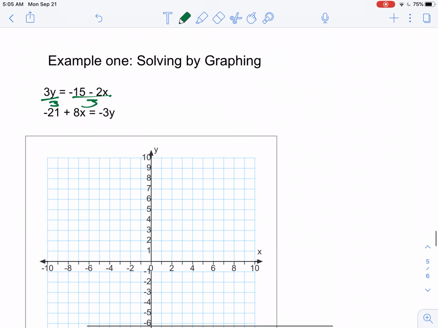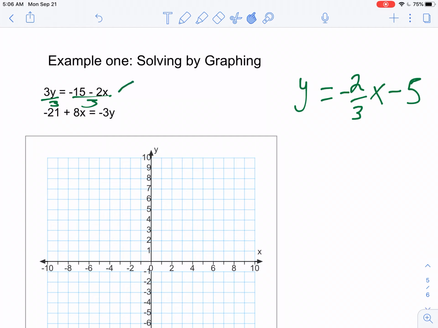And when we do that, we are going to get y equals negative 2 thirds x minus 5. Let's double check that to make sure we're right. Good. All right, awesome. And the next one is similar.